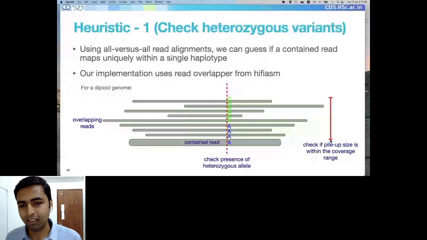If this is observed, then we know that this contained read should map uniquely within a single haplotype. So this heuristic can be used to detect redundant contained reads.